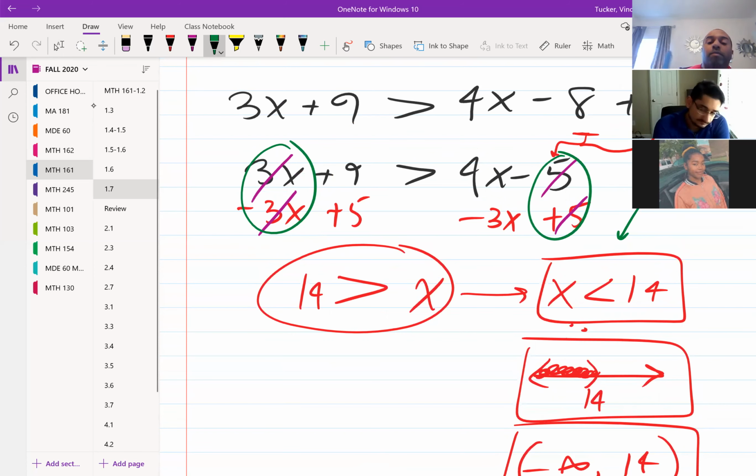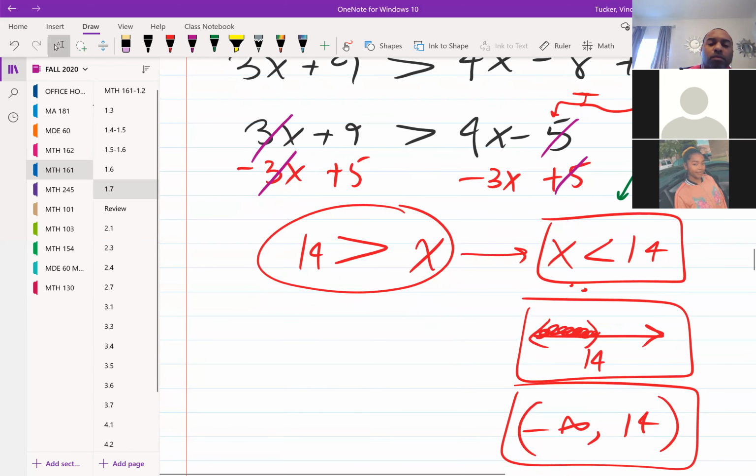Okay. So is that just for this problem, or does that happen a lot with these types of problems? Like, could we subtract x and add 5 on both sides at the same time? Oh yeah, you can always do that. Normally I just do them in one step just to make sure everybody's with us.